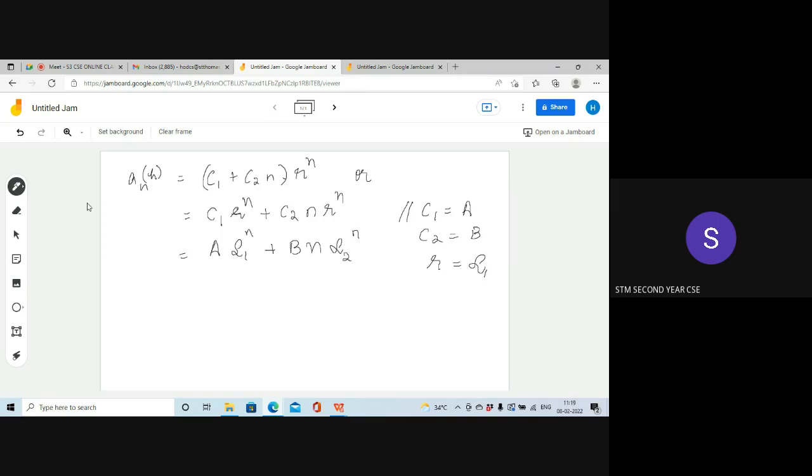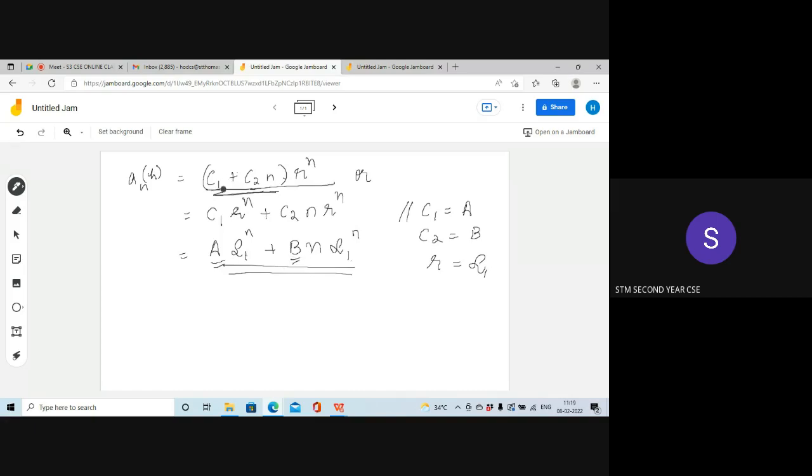Sorry, both roots are the same, so you also have alpha 1. This is given in the notebook. When you refer to the notebook, this is the formula used, but it is the same as this. You can use both these formulas. I had written it as C1 plus C2 n into r raised to n, so we have two constants, C1 and C2. Here you have to find A and B if you're using that formula.